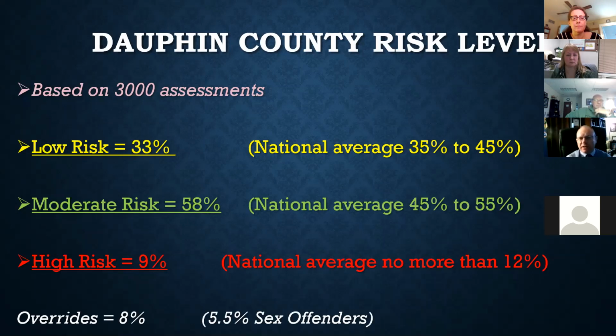Overrides, it talked about sex offenders. So you can see overrides, 8% of these assessments were overridden, 5.5% of those were sex offenders. So real quick about what we see in sex offenders. If you look at the criminogenic risk factors, family, education, attitudes and orientations, a lot of sex offenders are well educated, have good jobs, and come from pretty decent families.